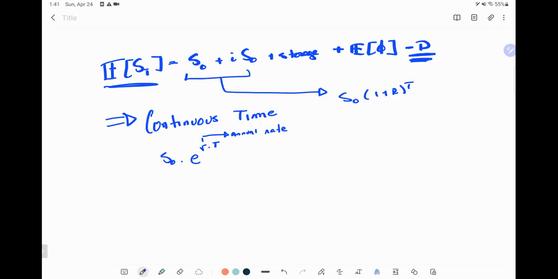Once we have that, we get the expected price at expiration, which we can also consider as the price of our forward contract.